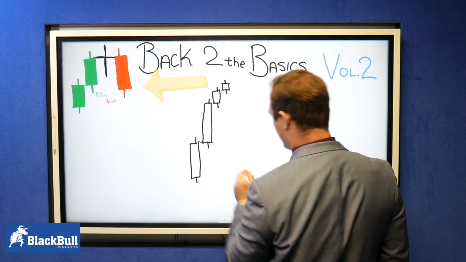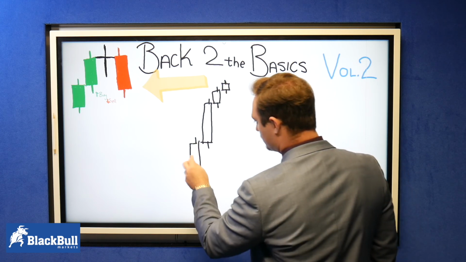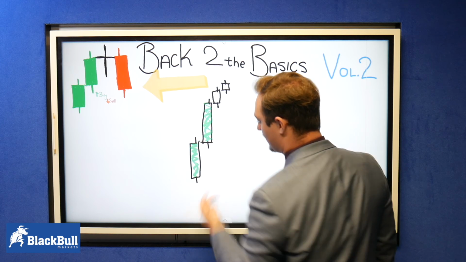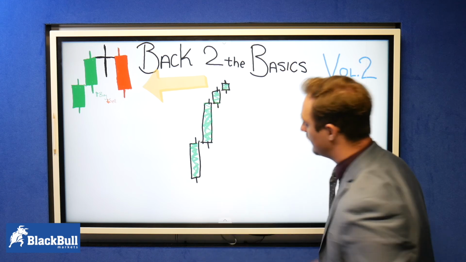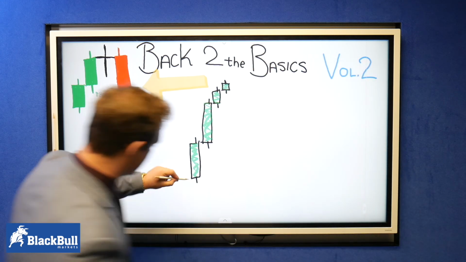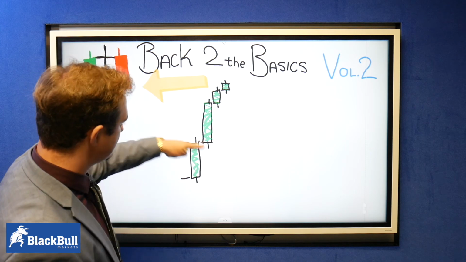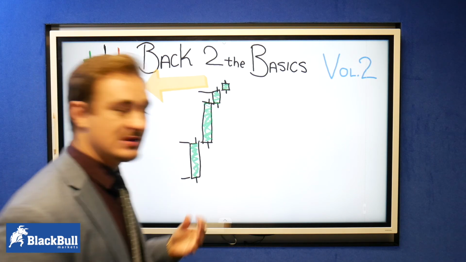What we're seeing here is the buyers are starting to lose their control, because in the start we had a lot of strength to the upside, and the candles are getting smaller and smaller and smaller, with less power, because the distance between the open and the close is starting to decrease.